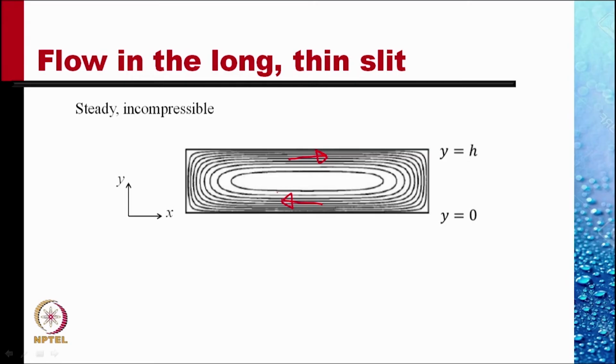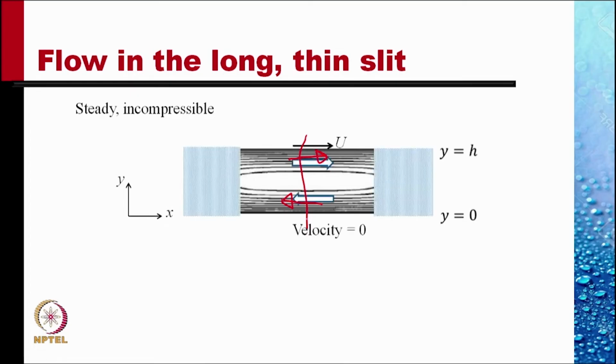Across any section, it should be easy to see that the net volume flow rate should be 0. Now, this appears to be quite complex flow, but we assume a long thin slit, and then we can ignore the ends, and then it looks like a fully developed flow through a slit.